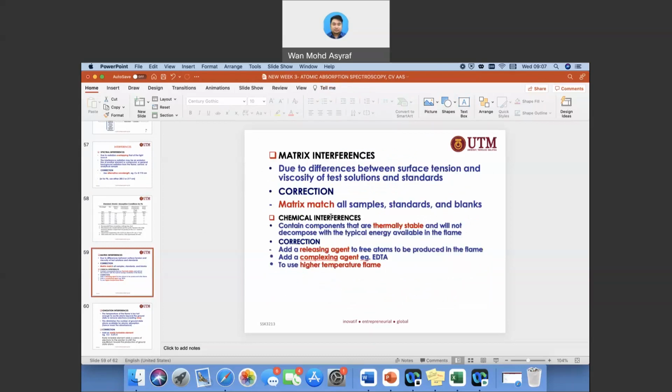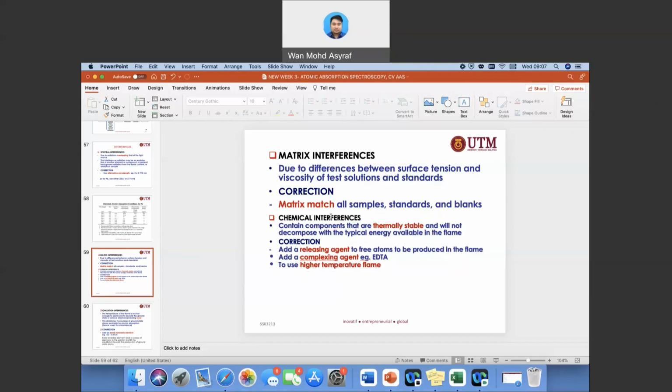The third one is chemical interferences. Certain components that are thermally stable will not be able to decompose with the typical energy in the flame. So some elements would be able to withstand the flame temperature, which leads to non-atomization.